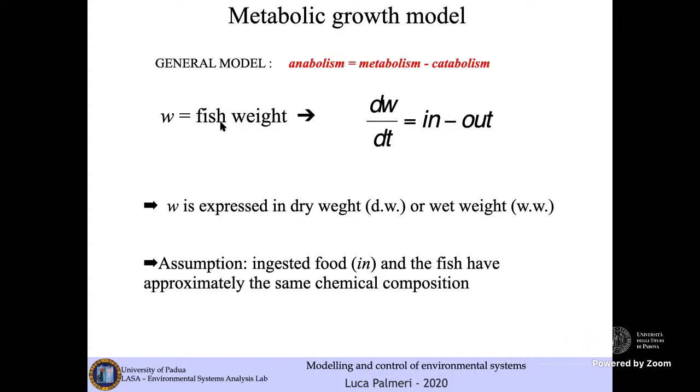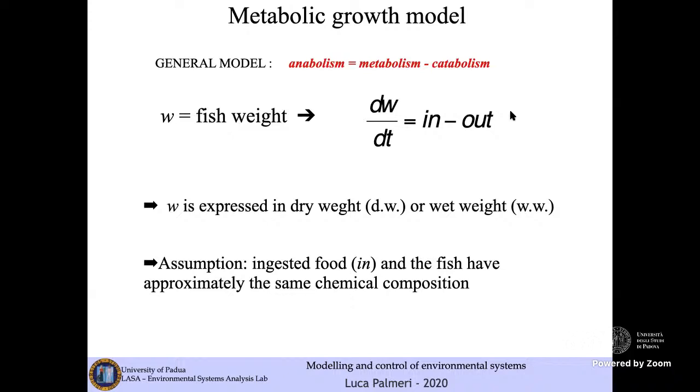If we introduce a new state variable W, describing the fish weight, we may write, as is customary, that the variation in time of fish weight is equal to an increasing term, what goes in, positive terms, minus a subtractive term, what goes out. So this is always this classical approach of converting the continuity equation by subdividing it into two terms, an additive positive term and a subtractive negative term.